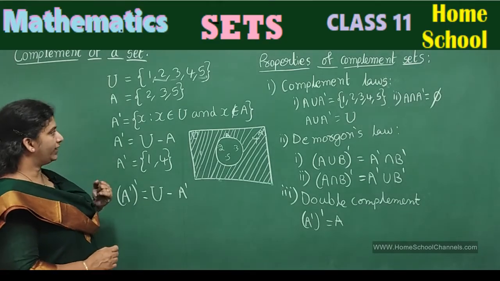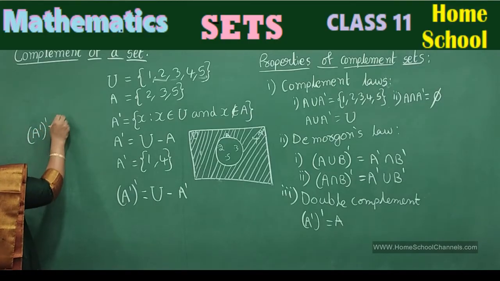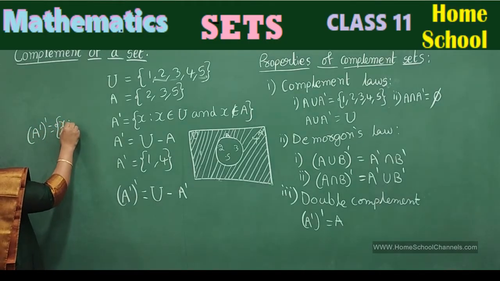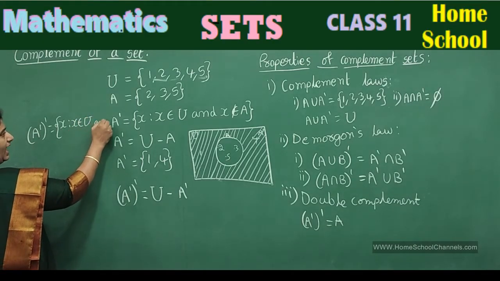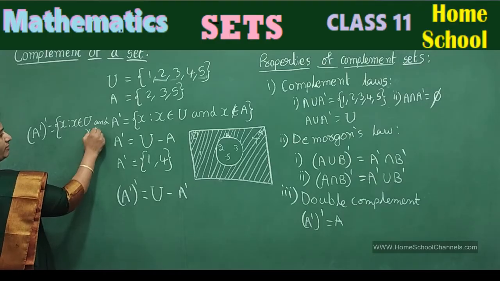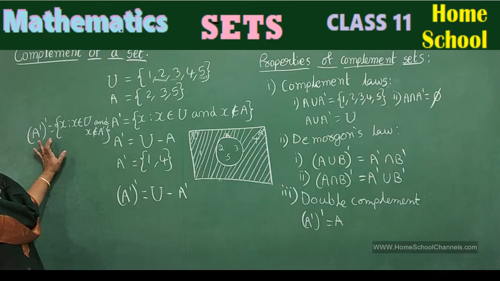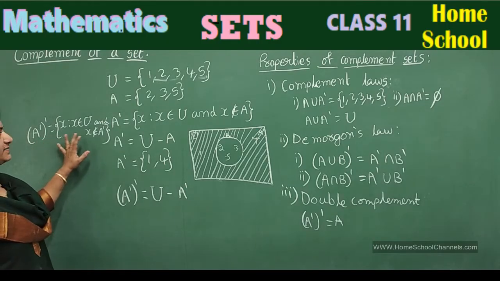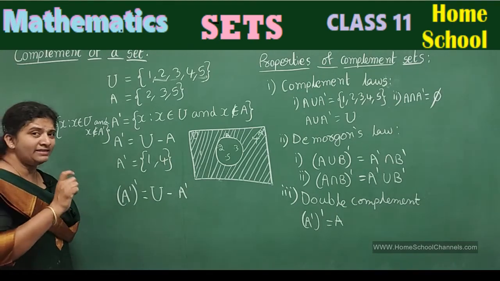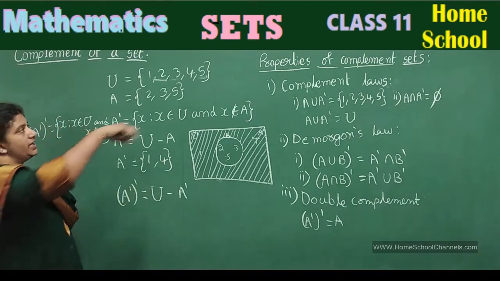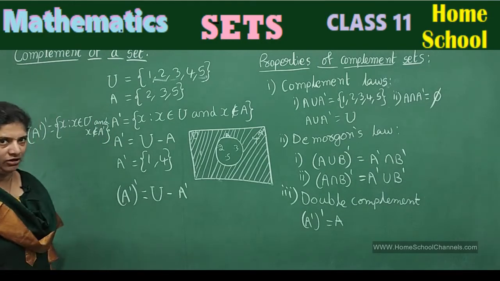Double complement, you can write this in this way also: A complement whole complement is equal to the set of all x such that x belongs to the universal set U and x does not belong to A complement. Other than the elements of A complement, the remaining elements from the universal set we need to write. That is only the double complement.